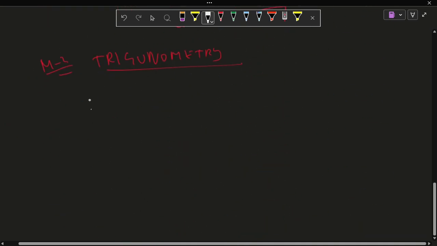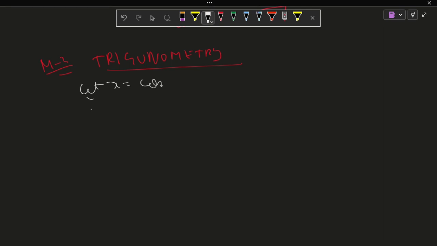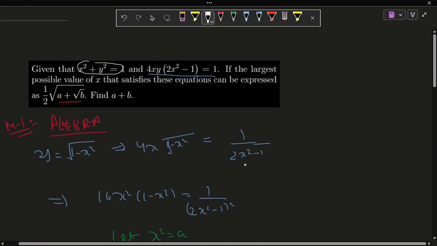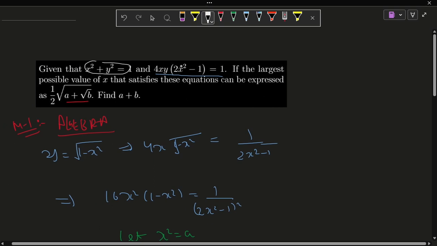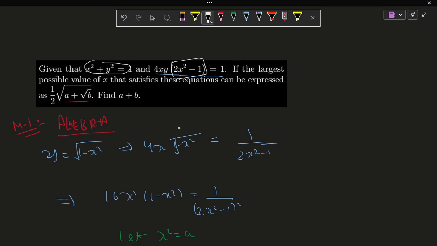So we let x as cos theta and y as sine theta. And why exactly did I not replace x with sine theta and y with cos theta? That's because in our second equation we have this expression 2x square minus 1, and we know that 2 into cos square theta minus 1 is simply cos of 2 theta.